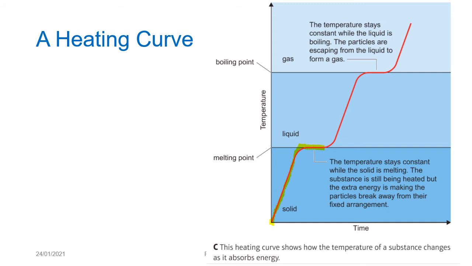The thermal energy is now used to break the forces of attraction. When they're all broken, we now have a liquid, and the temperature of the liquid continues to increase until it gets to the boiling point, at which time again the temperature stops rising and the energy is used to break the forces of attraction between the liquid particles and turn it into a gas. When that's all complete, it continues to rise again.